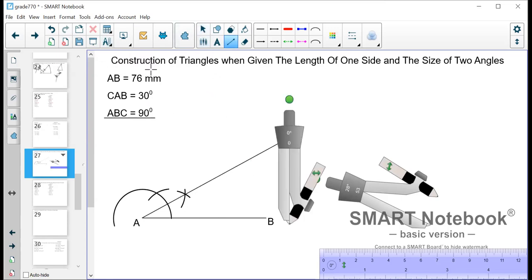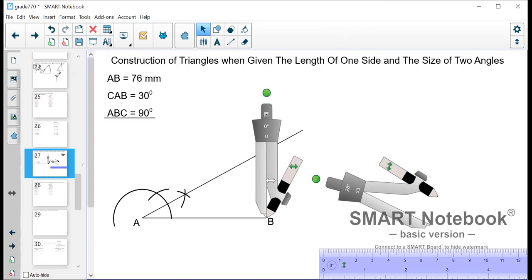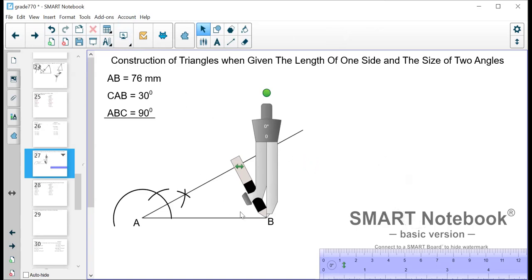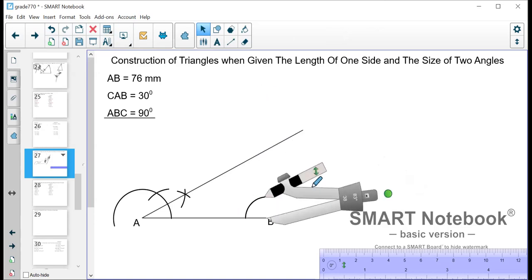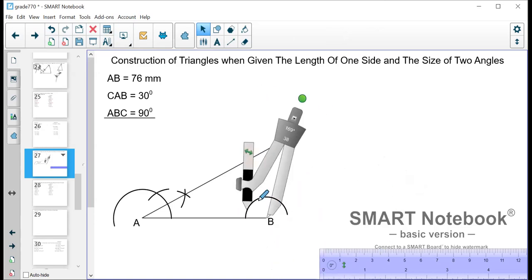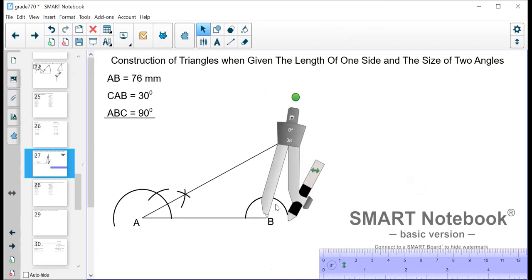Good. Continuing. From B, we construct the 90-degree angle. Again, we know the procedure in constructing 90-degree angles. We did that before.